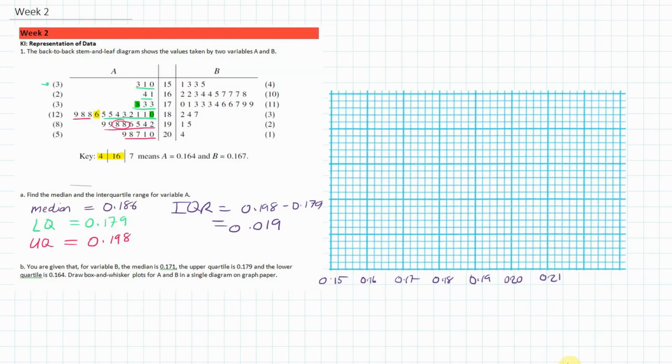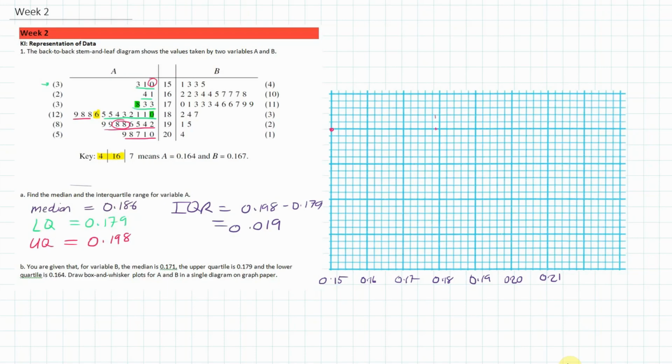We'll do A at the top, and the lowest value for A is this one here, 0.150. So put a mark there, that's our lowest. And then our lower quartile, which we said is 0.179. So 0.179 is here, because each of those little squares is worth 0.002.